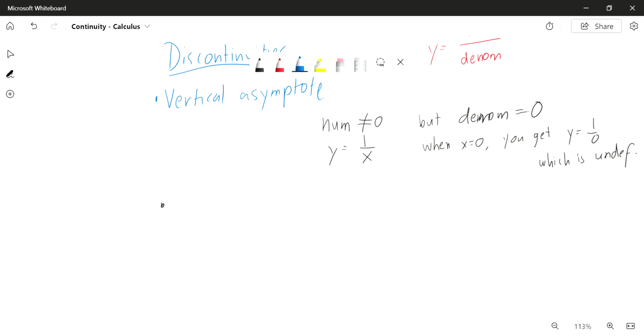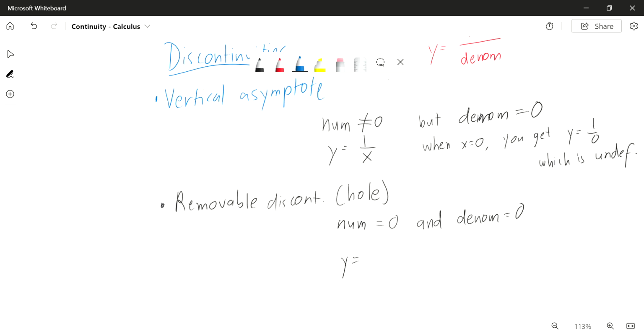The second type of discontinuity is the removable discontinuity, or the hole, which might be easier to remember. This happens when both the numerator and denominator are equal to 0. So if you were to have something like y is equal to x squared over x, you might think that this can just be simplified to y is equal to x.